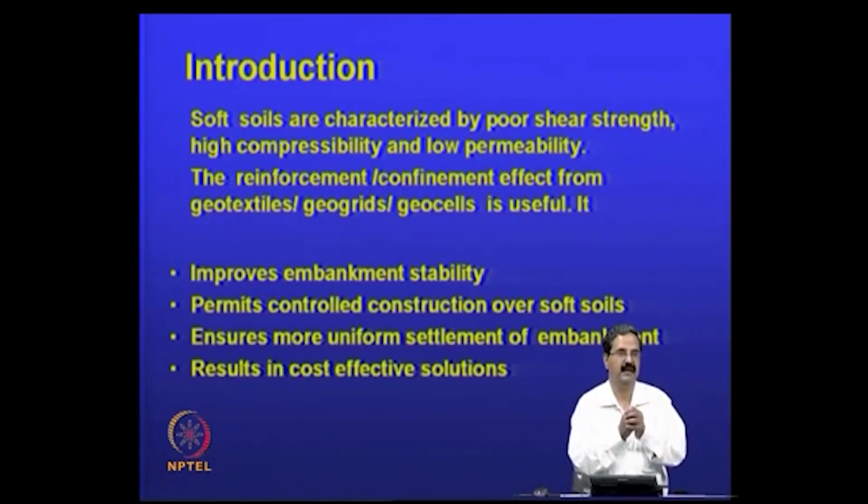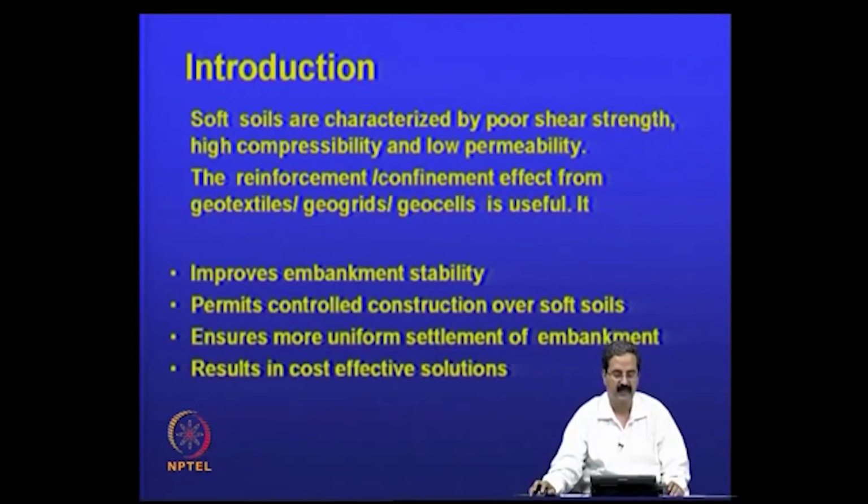Geocell is nothing but a 3-dimensional structure in which you put some material and then compress; the circumferential action of the geocell prevents the movement, and that is called the confinement effect. So, the reinforcement and confinement effect, if we can make use of it in soft soils, is going to be very useful. It improves the stability of the embankment, and it permits a controlled construction over soft soils.